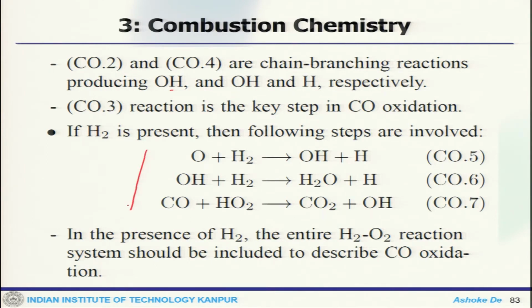There will be a few more oxidation steps for CO, reactions 5, 6, 7, where O reacts with H2 to get OH plus H, and then OH reacts with H2 to get H2O and H. Mind you, these are free radicals. These radicals are highly reactive and they take part in the reaction process aggressively.